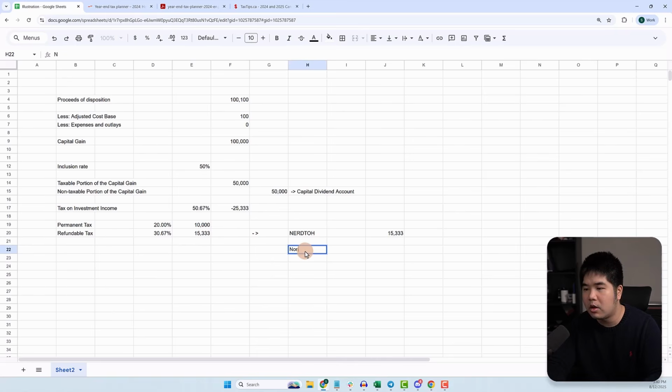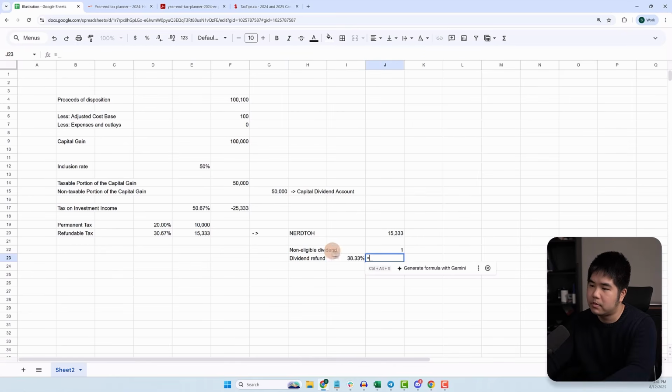And if we pay a non-eligible dividend from this corporation, let's say $1, we will get a dividend refund equal to 38.33%. If we pay $10, we'll get $3.8 back. If we pay $10,000, we will get $3,800 back.